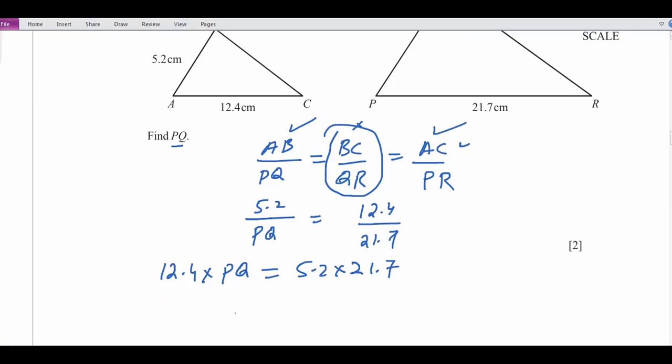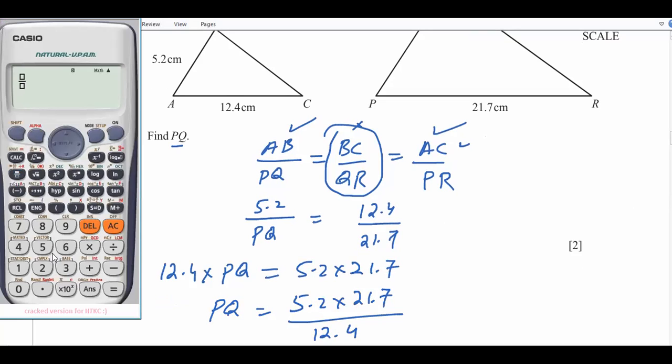So what will PQ be? 5.2 into 21.7 divided by 12.4. So it is 9.1.